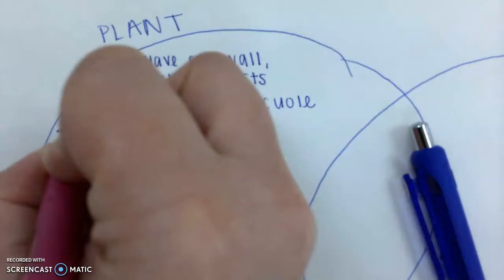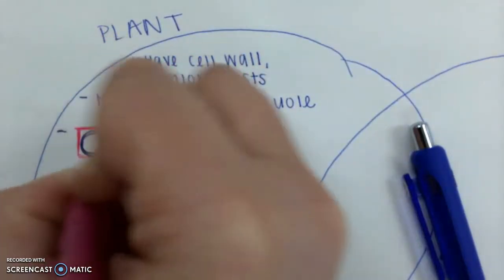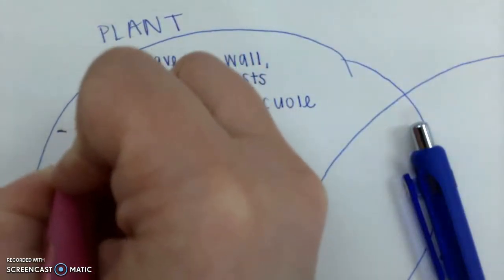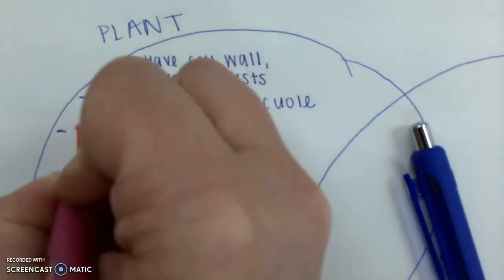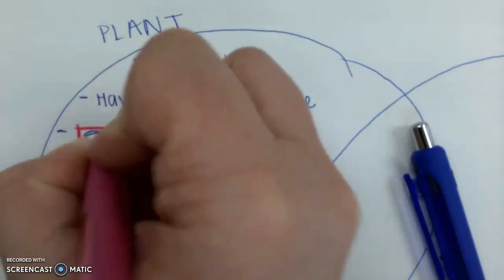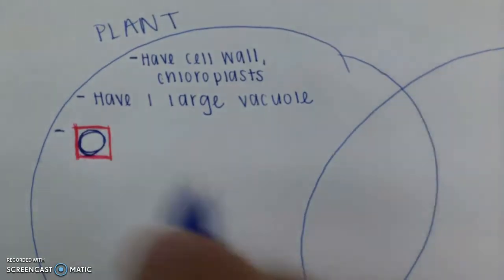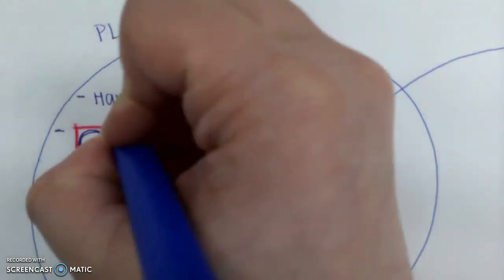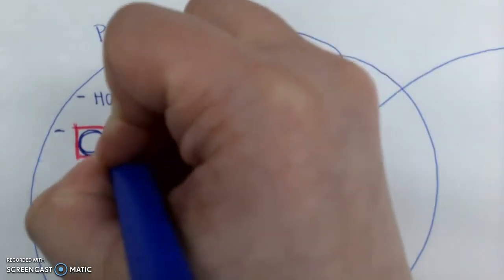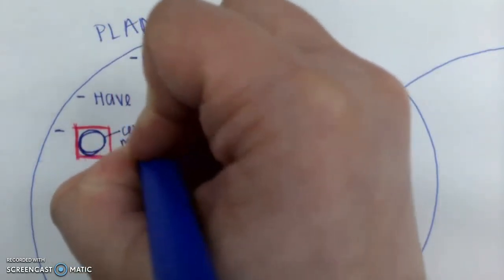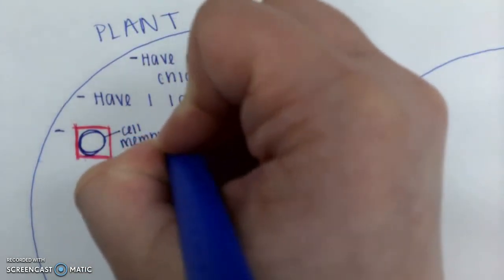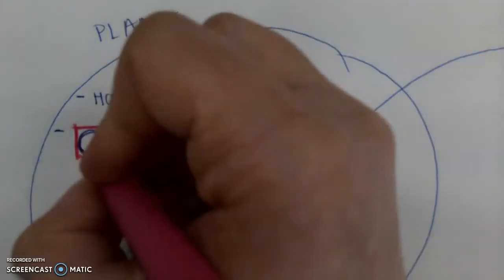It's more structurally sound. It's more rigid. So here, let me label this. This is my cell membrane, and the pink is my cell wall.